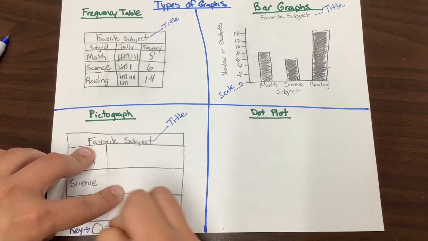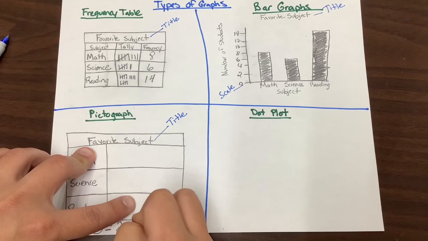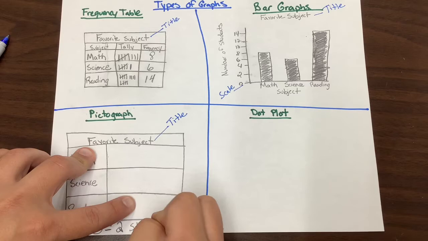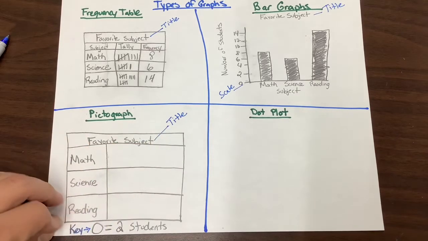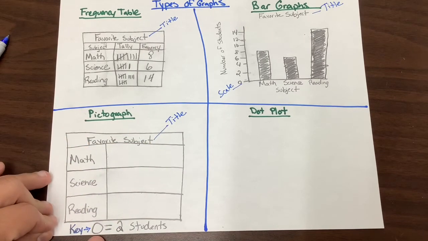It's going to represent 2 students that chose that as a favorite subject. So it's telling me that one circle equals 2 students.